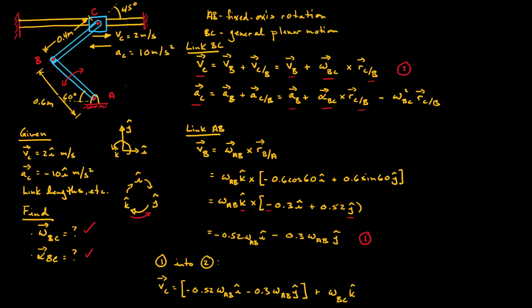So we have omega BC in the K direction crossed with R of C with respect to B. To go from B to C, we go 0.4 cosine of 45 degrees in the I direction plus 0.4 sine of 45 in the J direction.